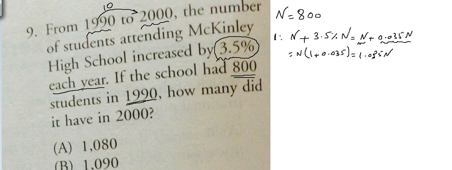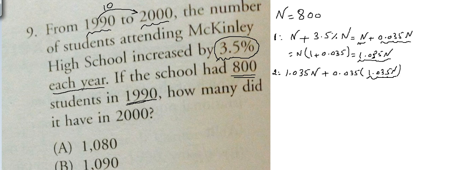If we multiply n times 1.035, we get the total number of students in this high school in the first year. Second year, same: it increased by 0.035, or 3.5%. But the number of students now is not 800, it's 1.035 n, and it increases by 0.035 of the new number, of 1.035 n.